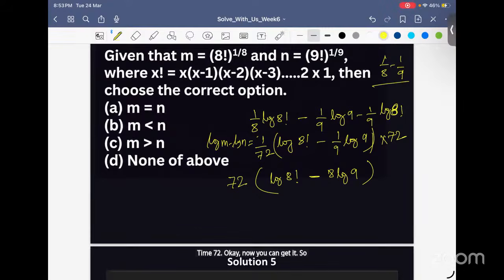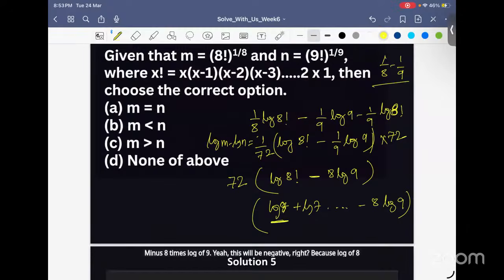So now this will be log of 8 plus log of 7 and so on, minus 8 times log of 9. Yes, this will be negative, because log of 8 will be less than log of 9, and this is 8 times. So log of 7 plus log of 6, all will be negative. So overall it will be a negative number, right?